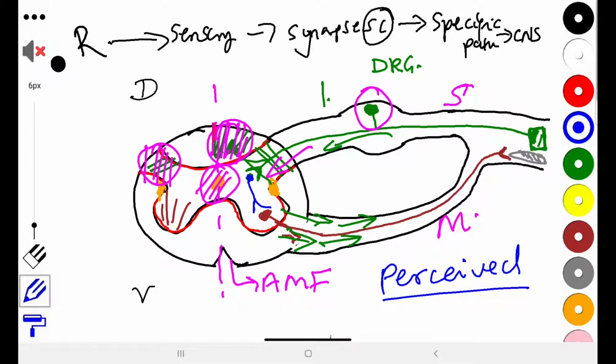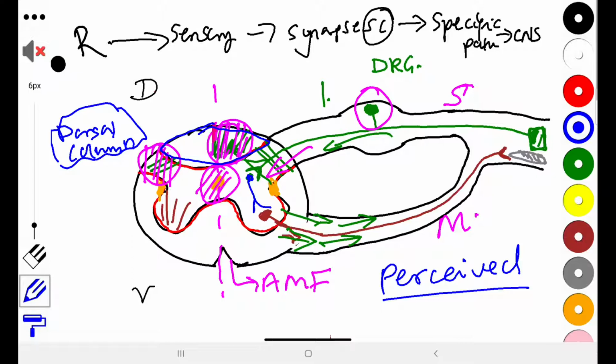So remember, the spinal cord has dorsal, lateral, and ventral parts. On the dorsal part, you have ascending fibers that go up in what is known as the dorsal column. So we're going to talk about the dorsal column. These ascending tracts carry a specific type of stimulation.